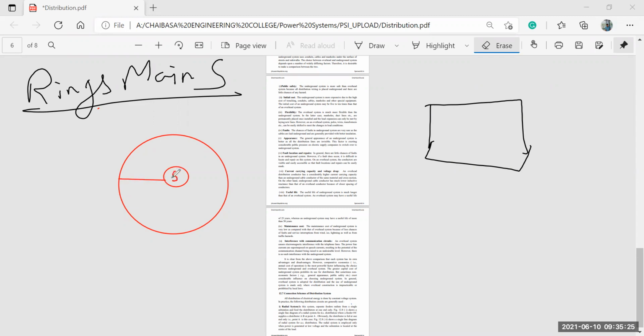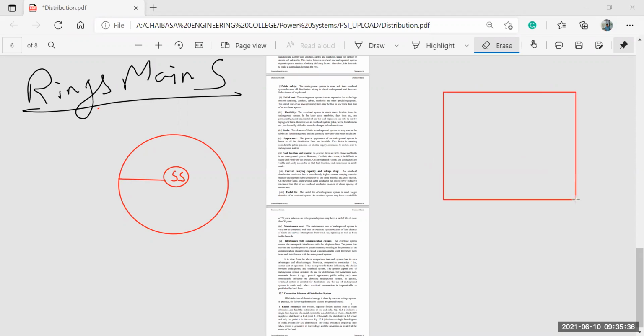Somewhere you could also find it in this particular format. This is your substation, and I will let you know how it works.